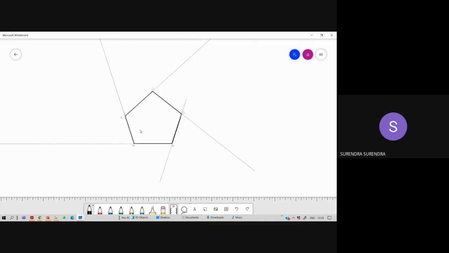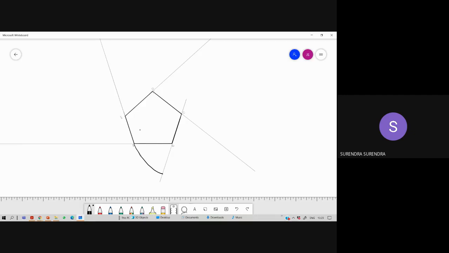Now take the compass. B center, BA radius, which means 30 mm radius, draw an arc. Next, C center up to this endpoint.